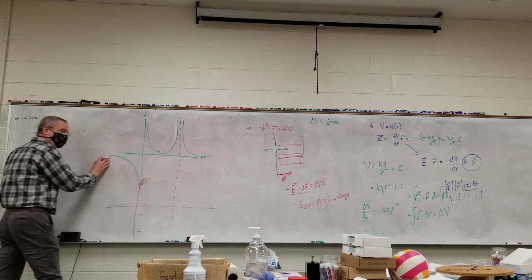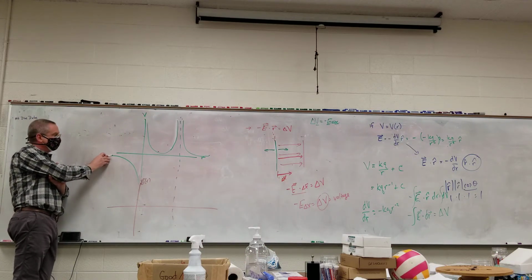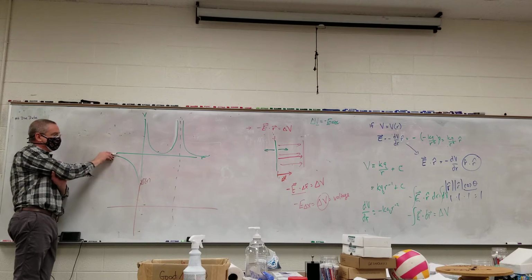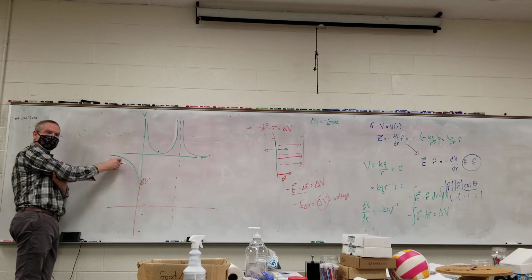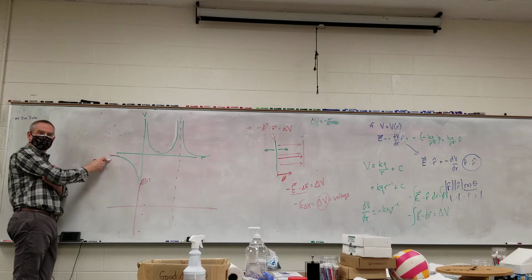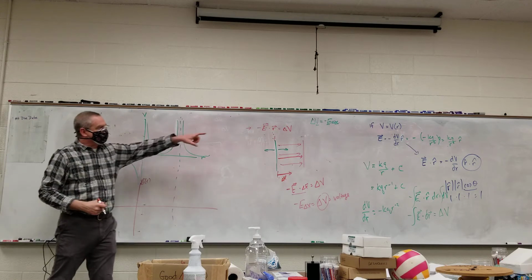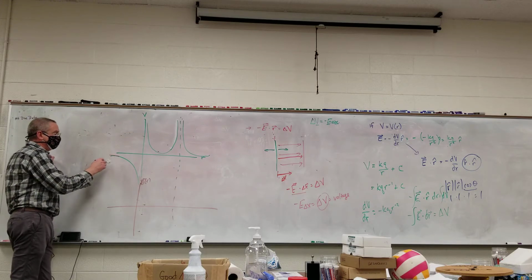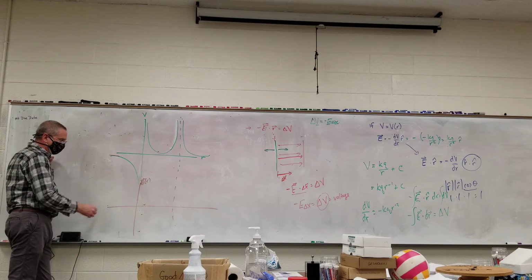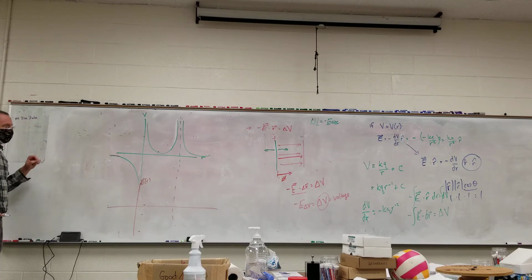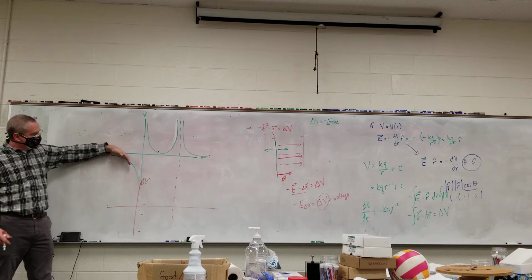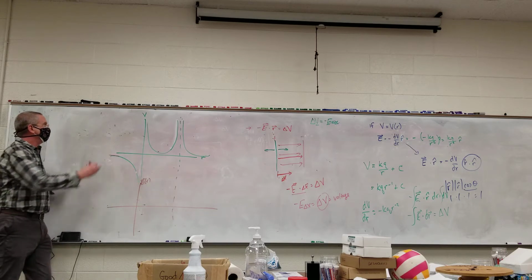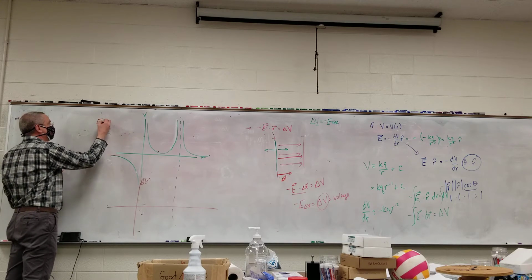Here my slope is relatively zero. It's close to zero, but still a negative slope, so my slope is negative. But since the electric field is the negative of the slope, my electric field would be positive, and something small, close to zero. My electric field gets more and more negative here.